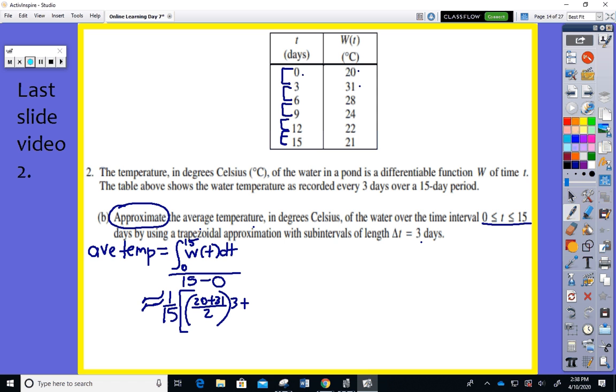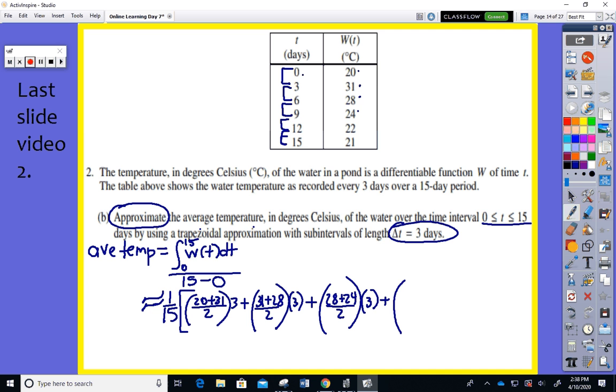Plus, your second trapezoid has bases of 31 and 28. Average your bases times your height. Your height's always going to be the delta t of 3 days, so that's going to be consistent. Your third trapezoid goes from 28 to 24, times your height.